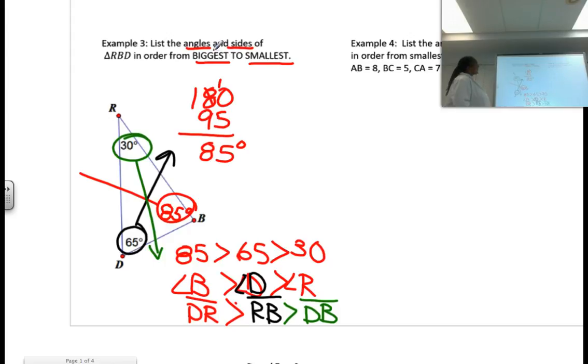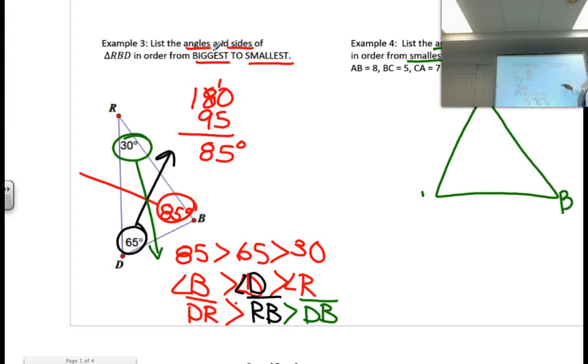So now we have to list the angles of another triangle, for example 4, triangle ABC, in order from smallest to biggest. So we're looking at angles, and we're going to put our smallest to biggest now. We need to draw a diagram of ABC. AB is 8, BC is 5, and CA is 7. So now we have to say which is our smallest or shortest side.